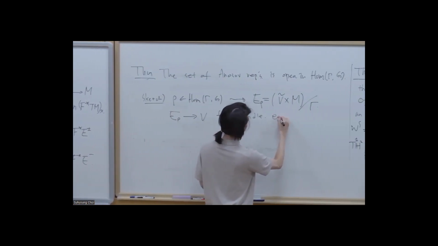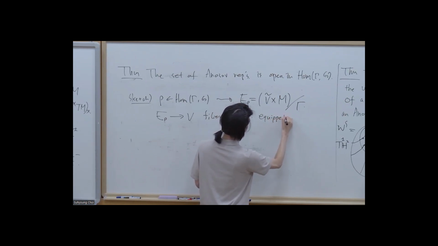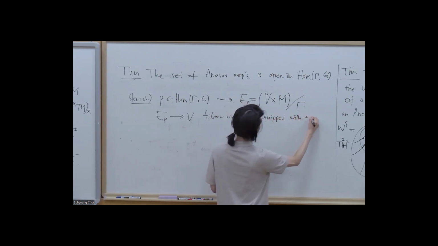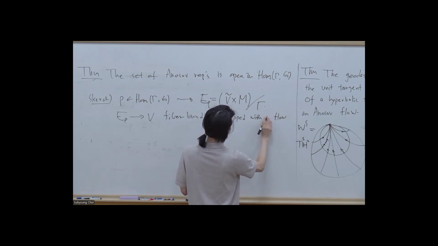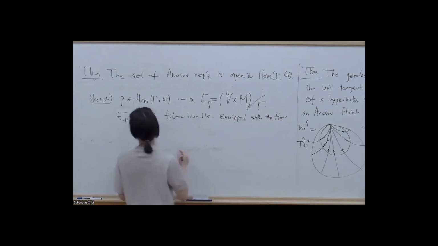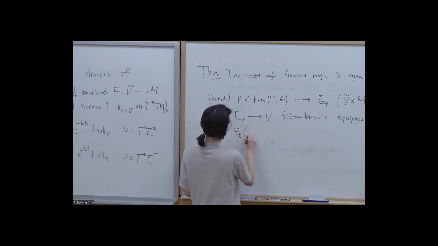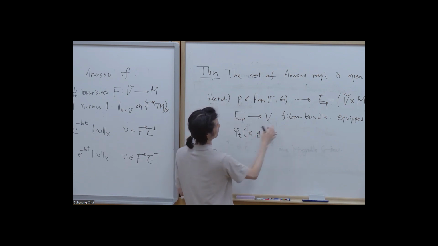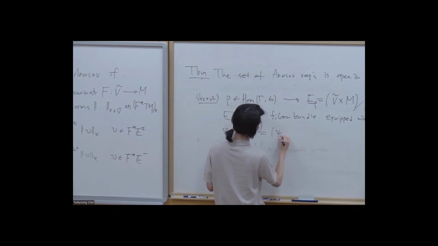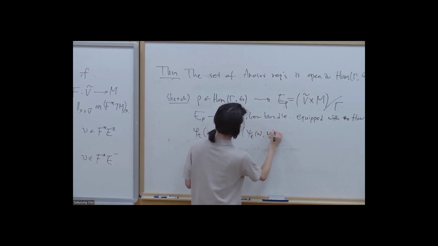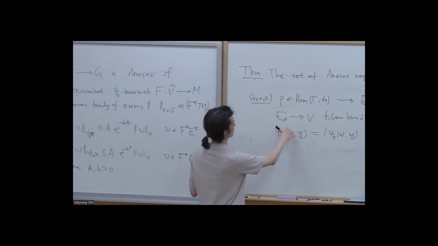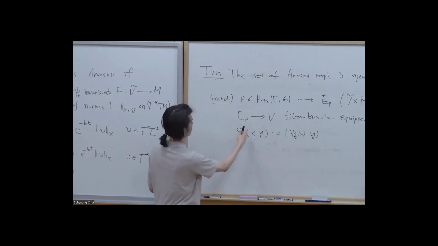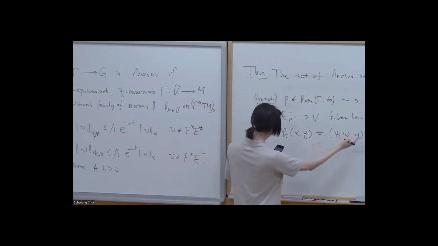So we have the flow, say phi t, given by the following. We just flow on the V part only. And this flow just descends to this quotient manifold and gives you some sort of flow.